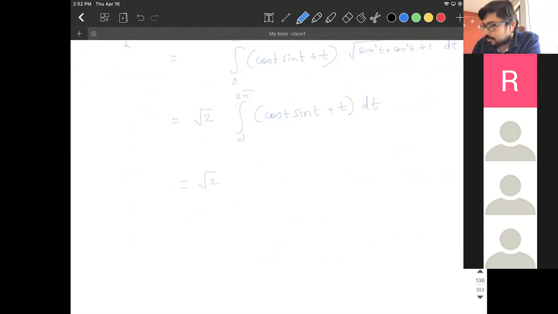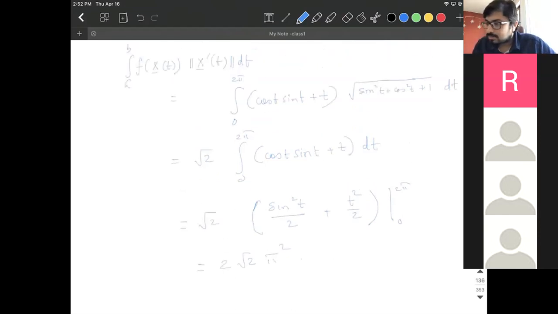So this is a fairly simple integration. This is half of sine of 2t plus t. So there's nothing much to do. So this is sine squared t over 2 plus t squared over 2, from 0 to 2 pi. So this is 2 root 2 times pi squared.